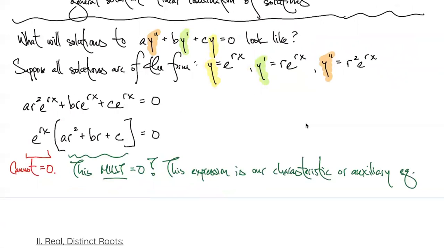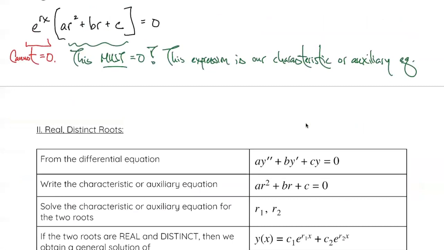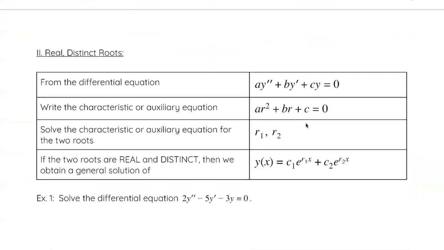We're going to be learning about this characteristic or auxiliary equation, and where it comes from is that if you suppose this form of the solution and try to verify that this is indeed a solution of the homogeneous equation, the only way for this to be true is if this expression equals 0. We're going to use factoring a whole bunch today. In fact, we're also going to bring back our good old friend, the quadratic formula, as we move away from the backstory and more into the process.